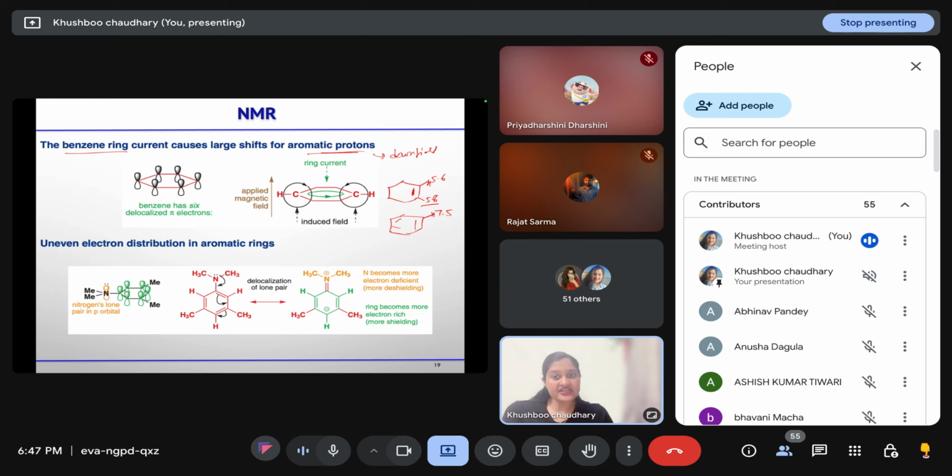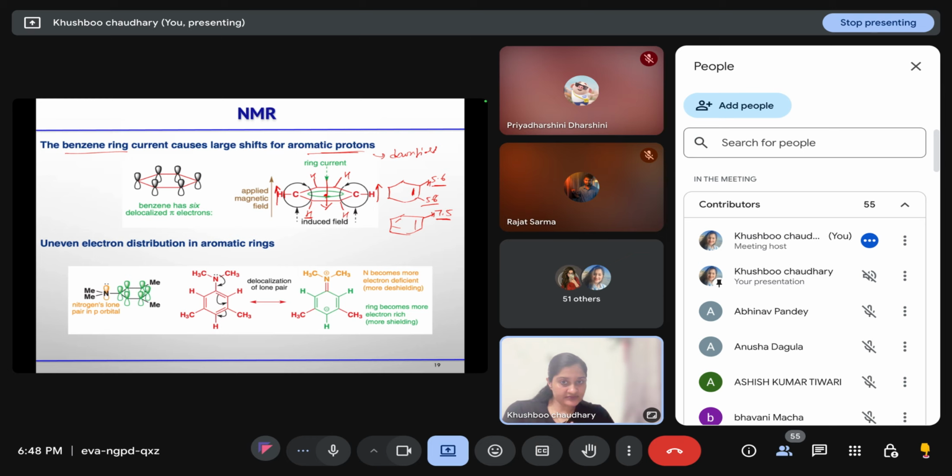This is because in aromatic compounds, when the pi electron cloud revolves, it creates an induced field, and around the corners it aligns along the magnetic field, so that proton will be more deshielded, and in the center of the ring it opposes the magnetic field, so that is the shielded region. All the protons lying at the boundary of the benzene ring will be in the deshielded region. That's why these protons will be downfield compared to the protons attached to the alkene.